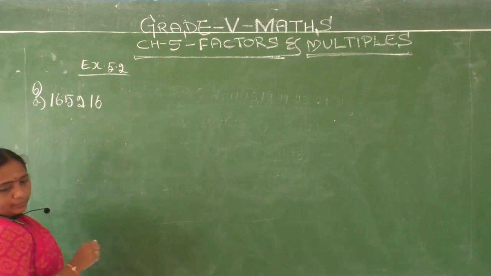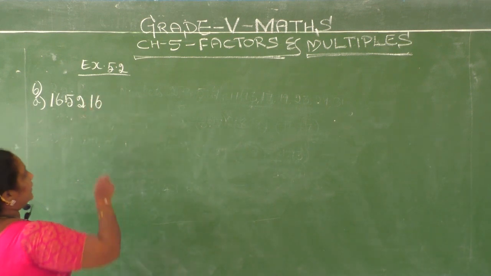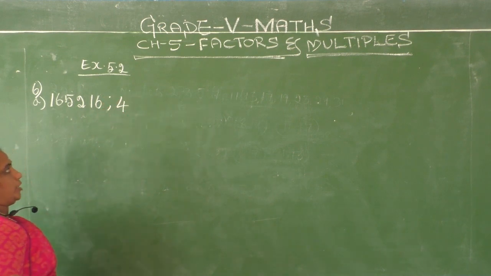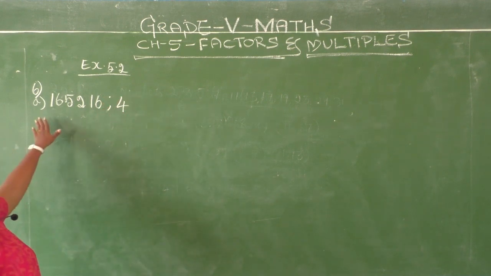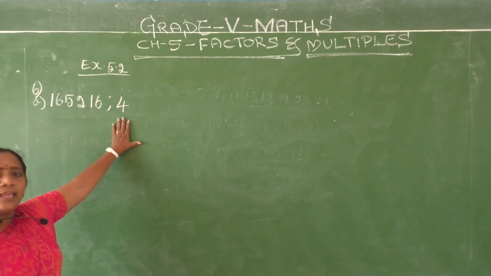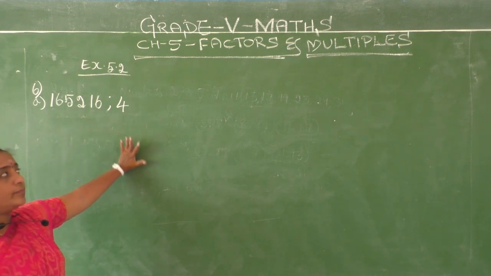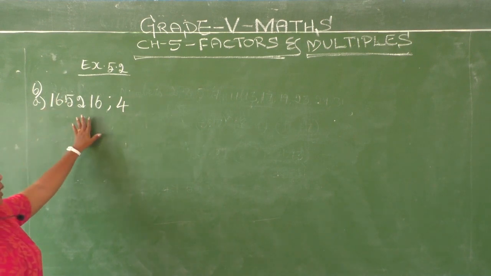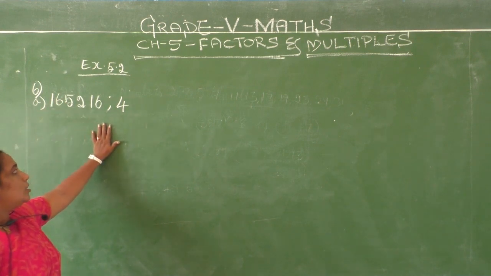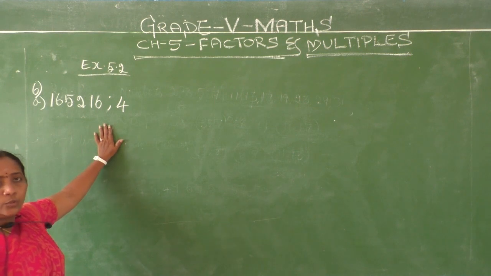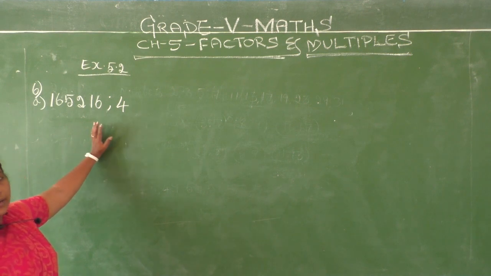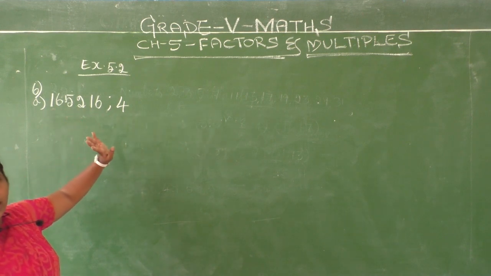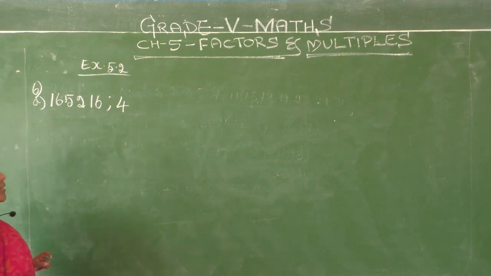This is the first number. We have to find out whether this first number is divisible by the second number or not. That is the question. Will this number be divisible by 4 or not? This is the biggest number, 1,65,216. Now you know all the rules, so we can use the rule and find out easily. What is the rule?